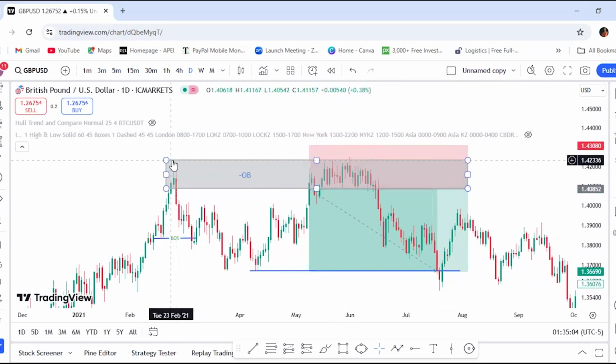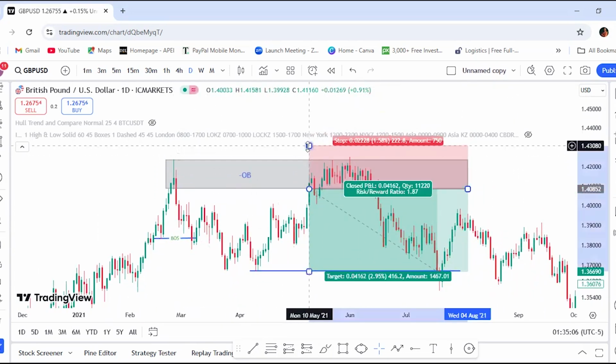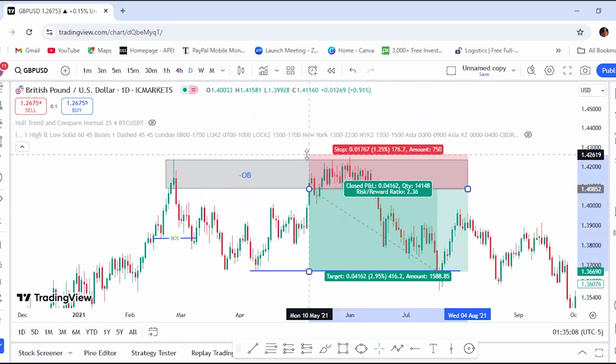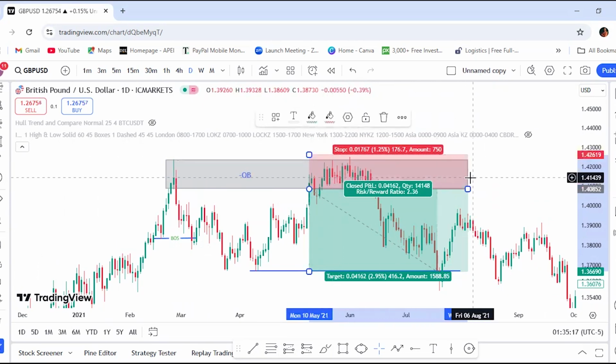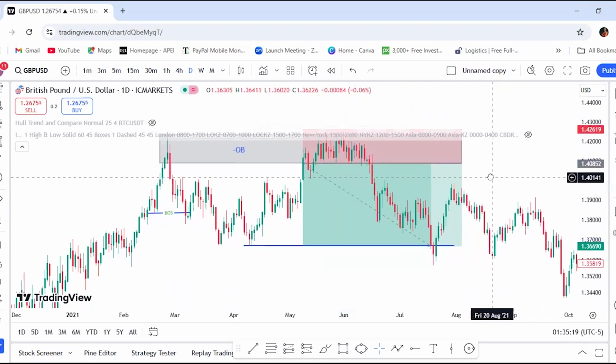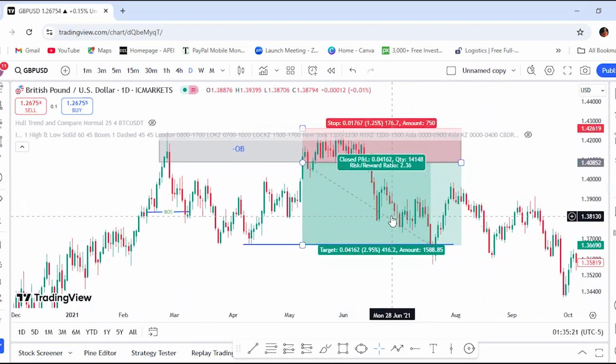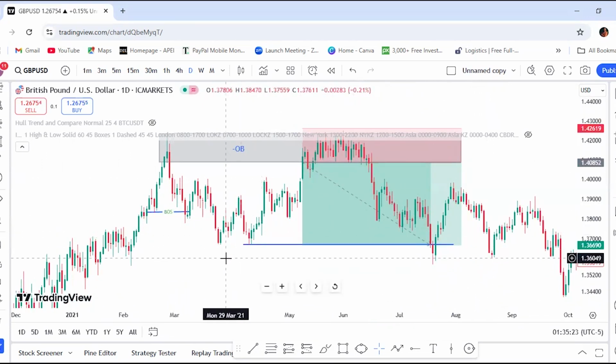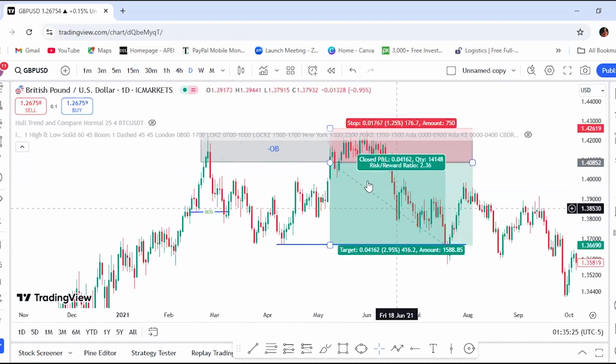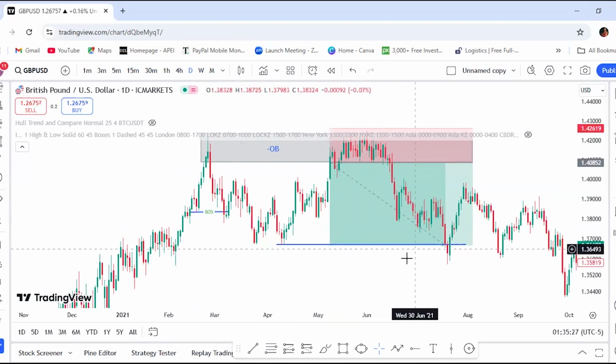It will be slightly above the order block level, maybe 10 pips, 20 pips from that zone, somewhere there. You can see this is a setup that is giving a risk to reward ratio of 1:2.36, right? And again, this is the daily time frame, so this is quite a good number of pips.